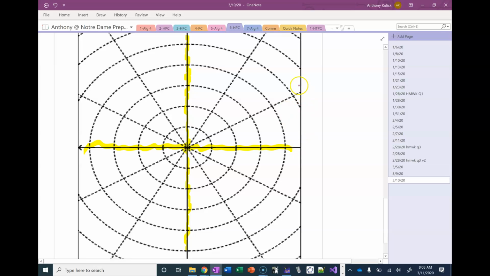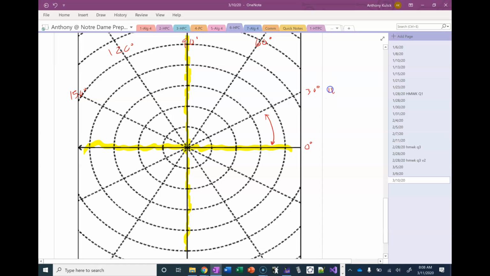Each one of these wedges is 30 degrees. So you can count around as such. Everybody okay with that?